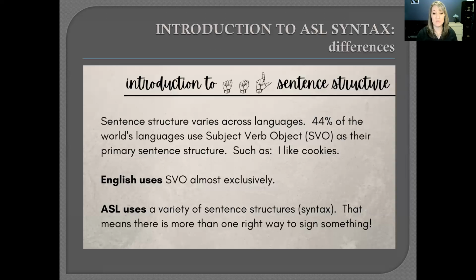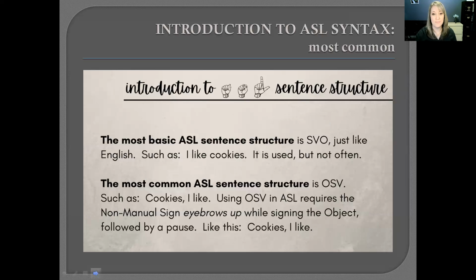ASL, on the other hand, uses a variety of sentence structures, which we could call syntax or word order. And so what that means is that there's more than one right way to sign something. The most basic ASL sentence structure is SVO, just like English, such as I like cookies.